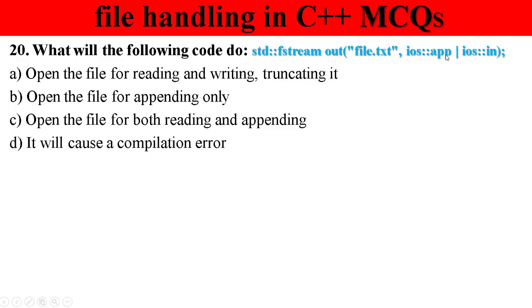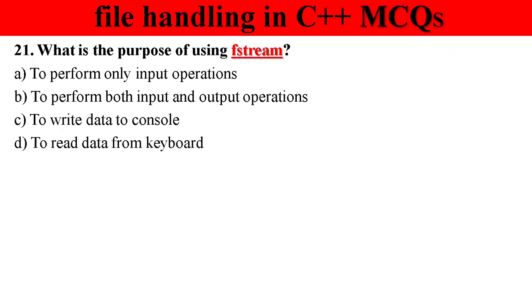There are two modes, app and in. So it can open the file for both reading and appending. The app mode is used for appending and the in mode is used for reading. That means the file is open for both reading and appending.